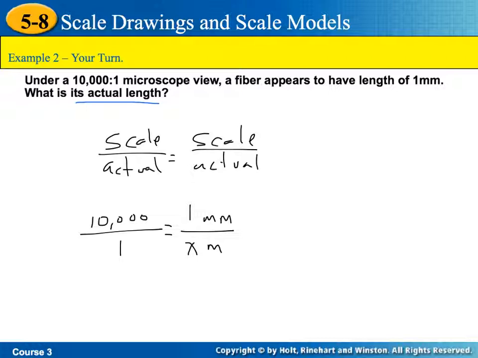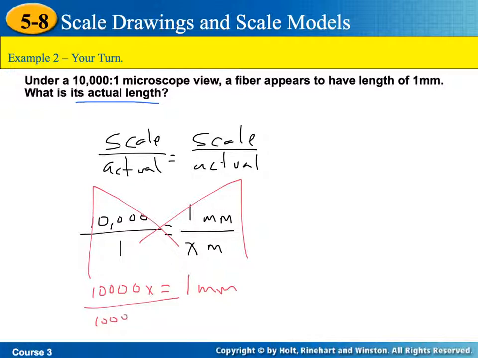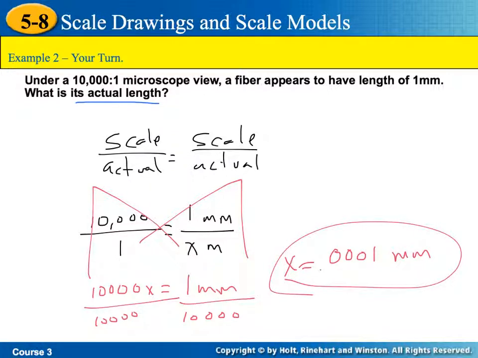Cross multiply, I get 10,000 x equals 1 millimeter. Divide by 10,000. And my answer is x equals 0.0001 millimeter.